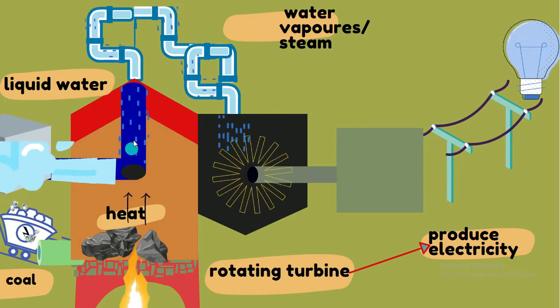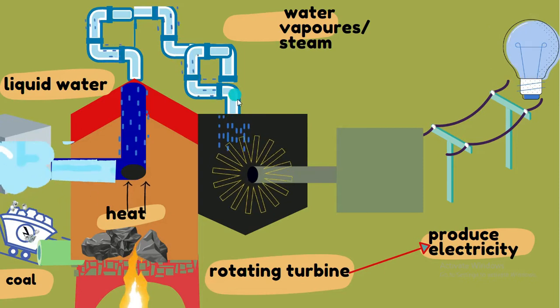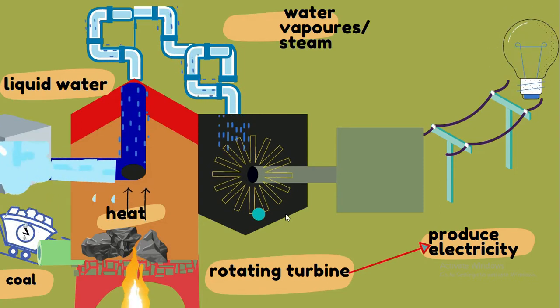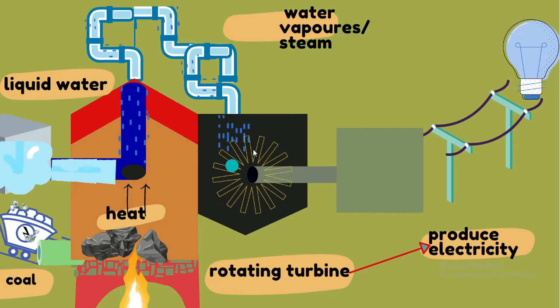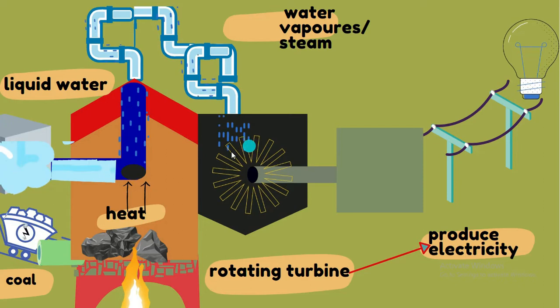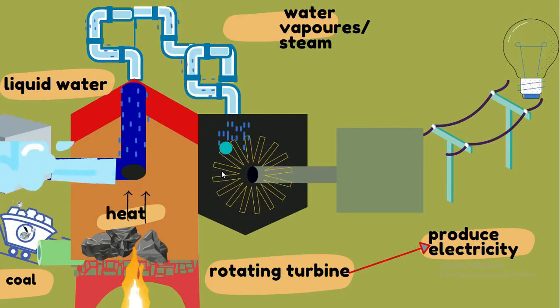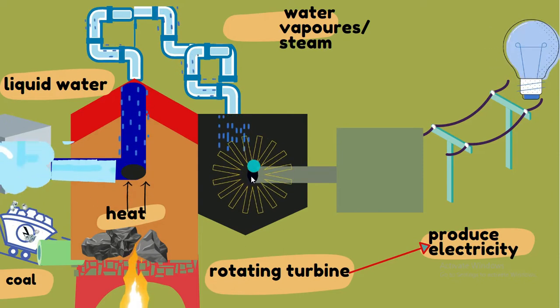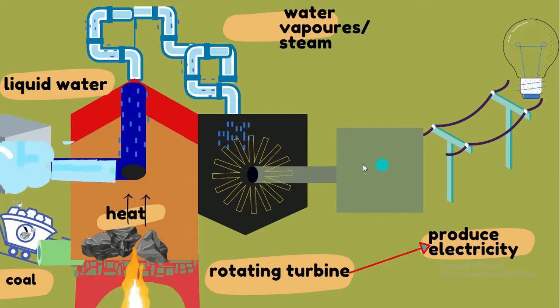Okay, then now this water vapors go through this tunnel, and this water is coming to another unit, and that unit has a turbine, and these water vapors collide with the turbine, and due to the collision of the water, this turbine is subjected to rotate. This turbine starts to rotate. Okay, you know the process now, this turbine is connected to the dynamo.